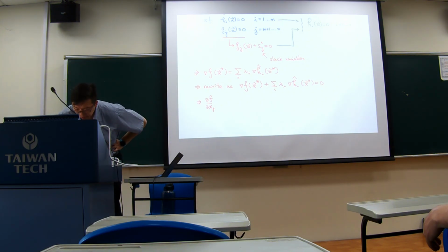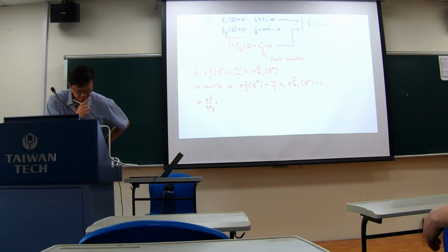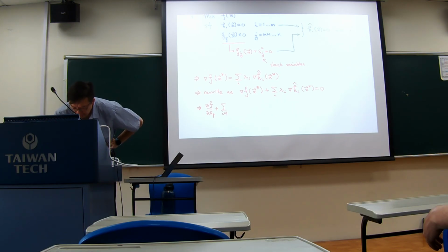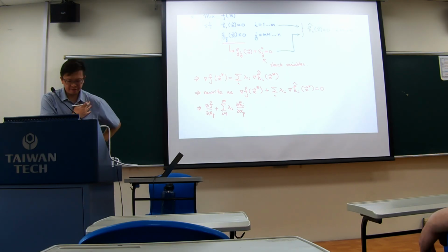Plus the summation of i from 1 to n of the Lagrangian multiplier times partial hi over partial xp, right?